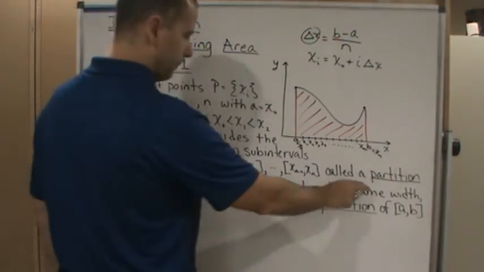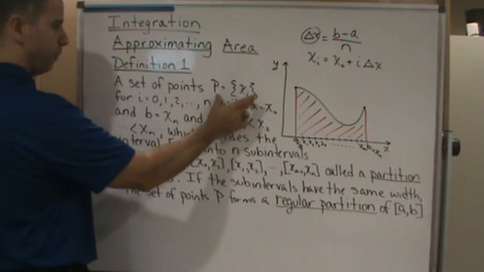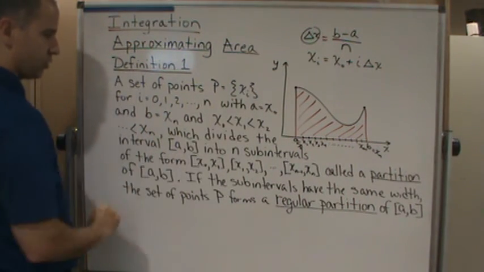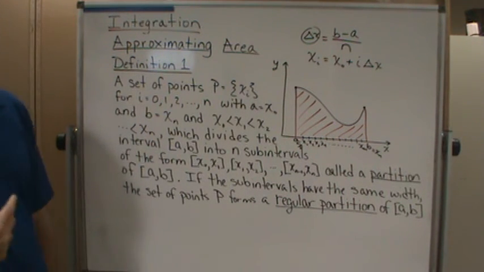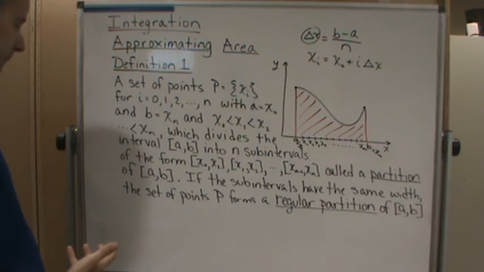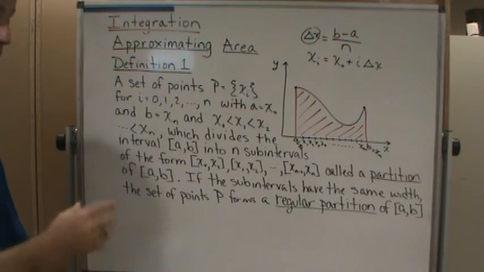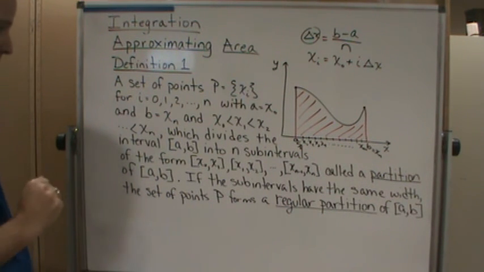This is called a partition. So this set of points that I just described is called a partition of the interval ab. Okay, so there's one definition.